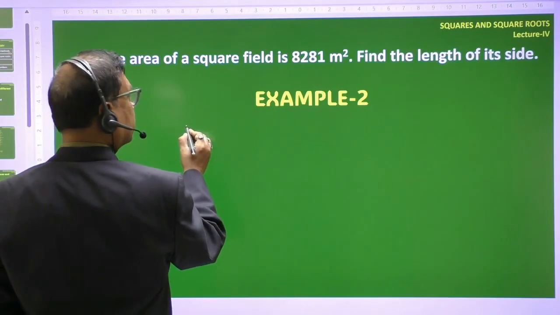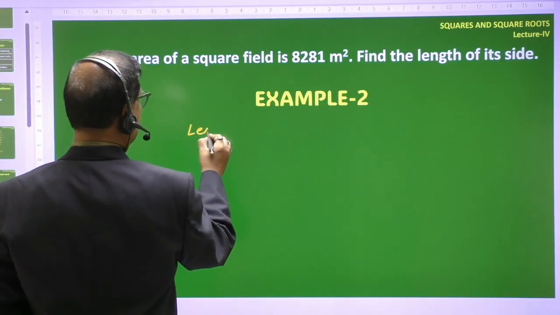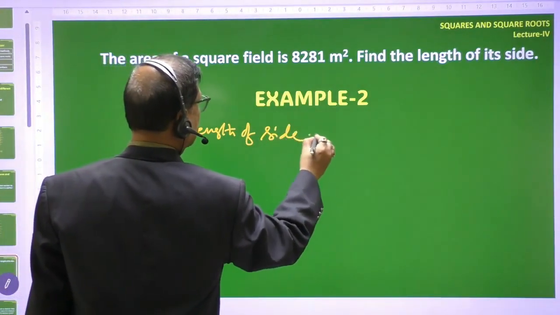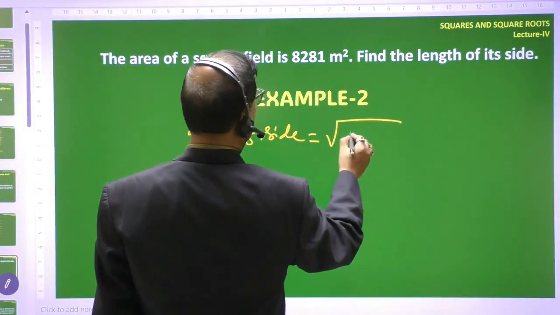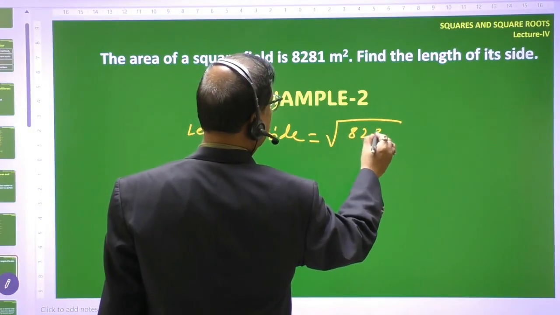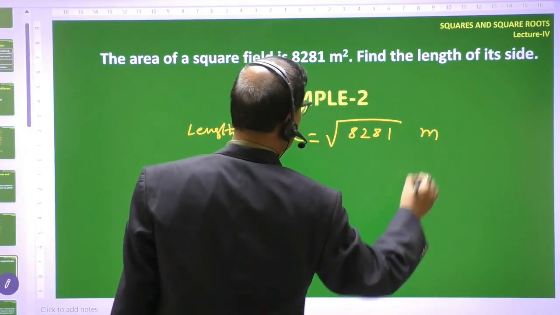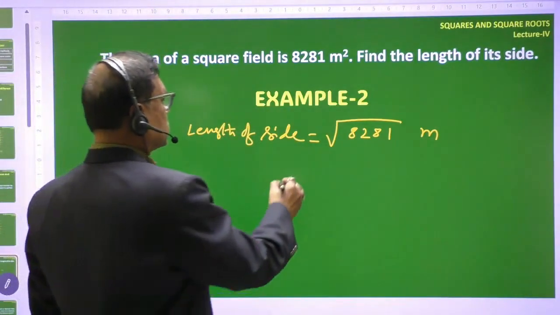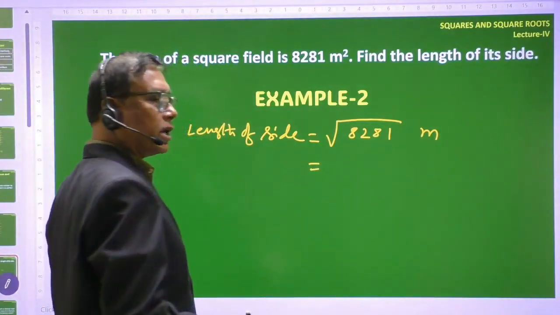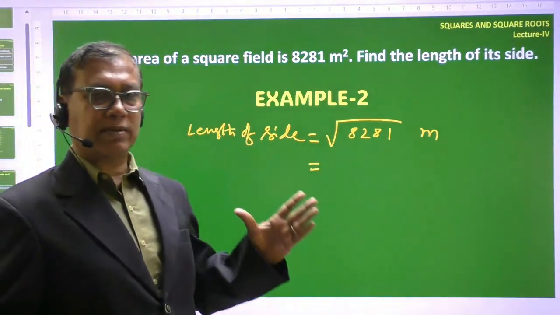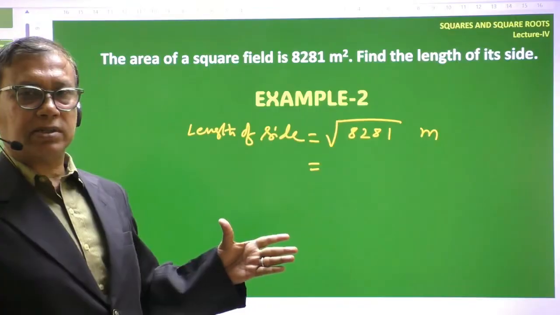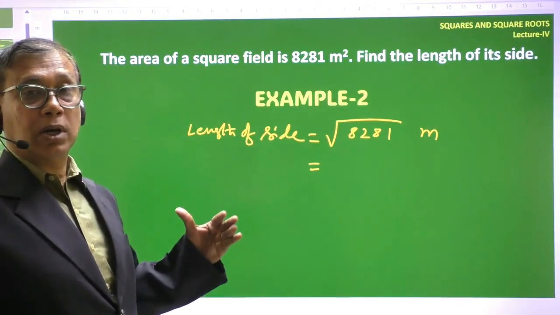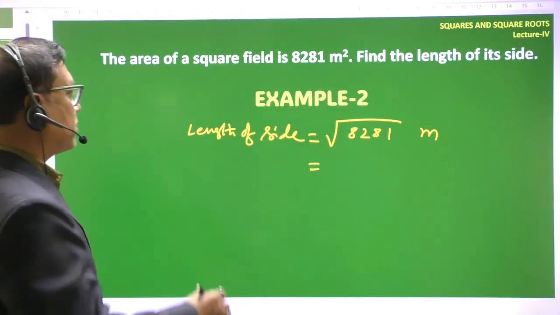Length of side equals square root of 8281, and meter will be the unit, because the area unit is meter square. To find the square root value we can follow any one method: long division method, prime factorization method or shortcut method. But generally we will use the long division method, that will be easier for you.